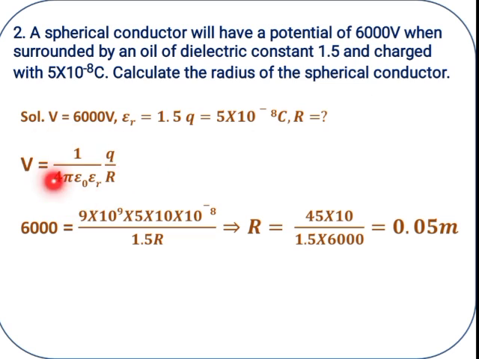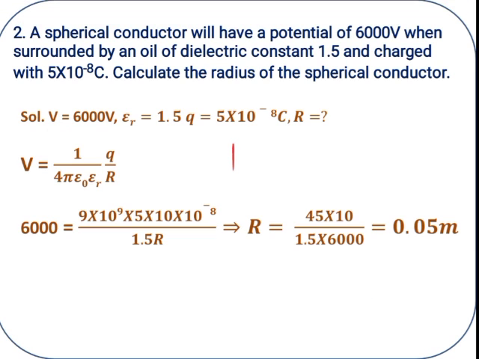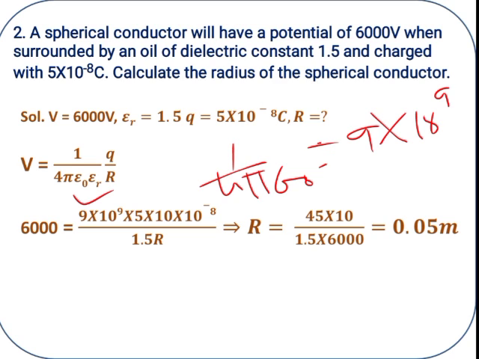We know the suitable formula for this. Substitute the values in this formula. 6000, and what is 1 by 4 pi epsilon naught? We know 1 by 4 pi epsilon naught is a constant value, that is 9 into 10 raised to 9. We know this value, so for that reason we have to substitute, and this is misprinted. 5 into 10 raised to minus 8, that is the charge value, and epsilon R is the dielectric constant of the medium.